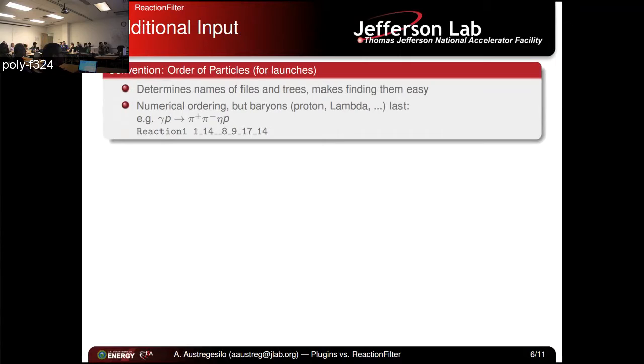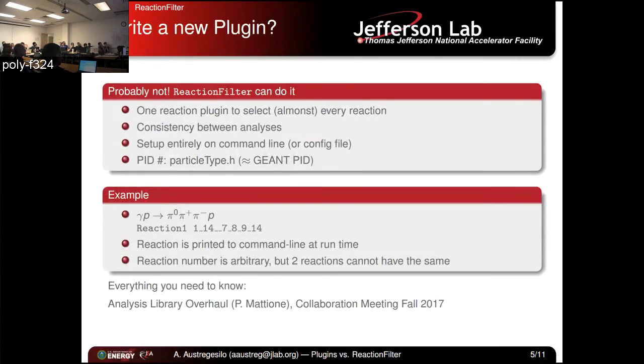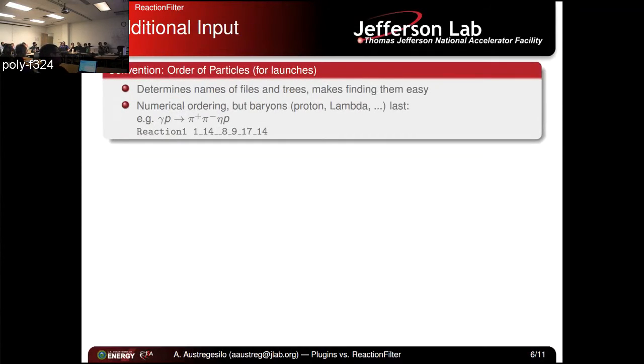decided to give the particles an order, and the logical thing is to give them numerical ordering. But since we're so used to having the proton last, we decided to put the proton last. So for example, you have already seen it here, numerical order, so 7, 8, 9, and then 14 is the proton, which is the baryon. It's pretty easy.